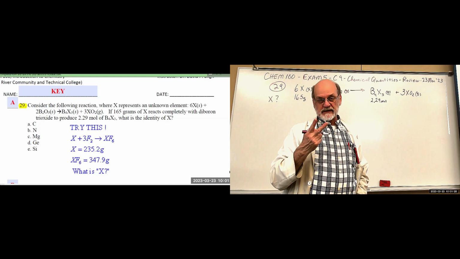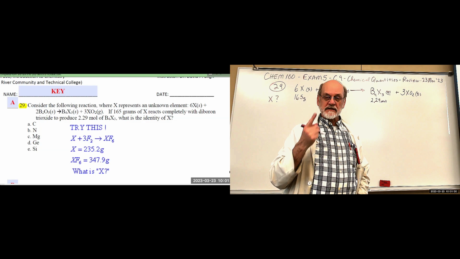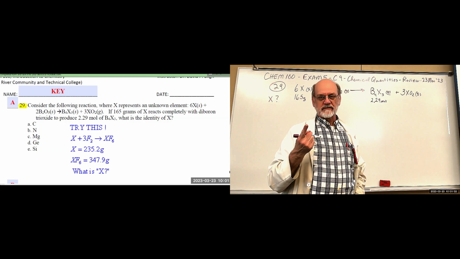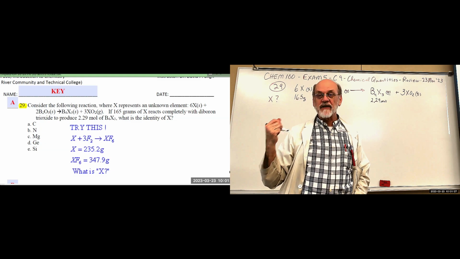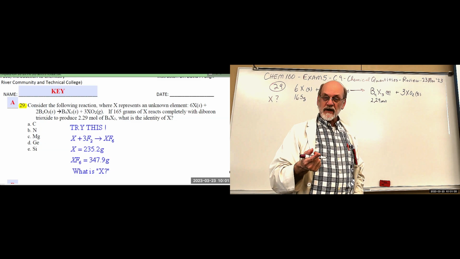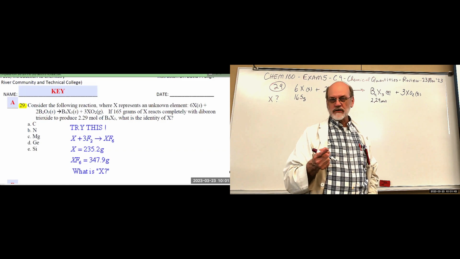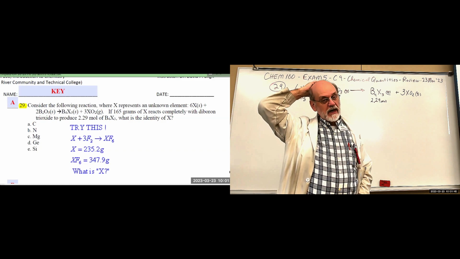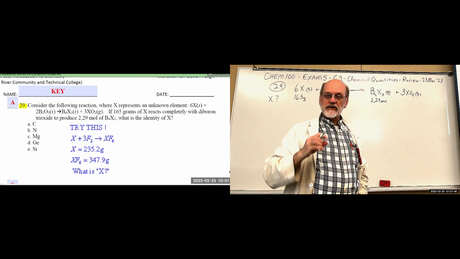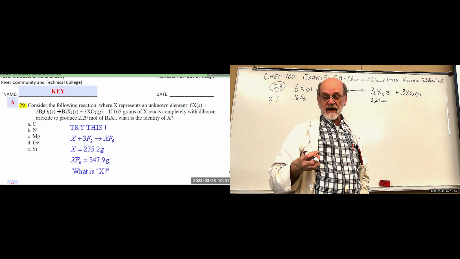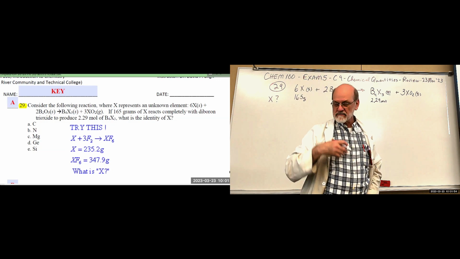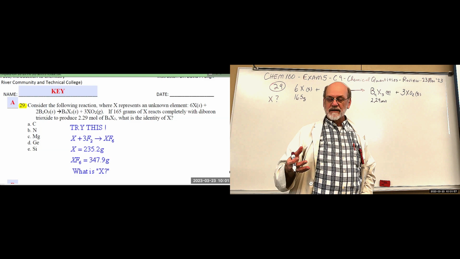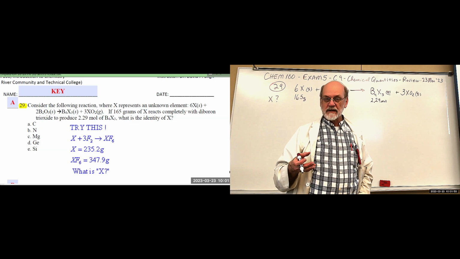What are the clues for finding what an element is? You have two possibilities. One is the atomic number, the number of protons, the Z number. If you know that, you can go to the periodic table and find the atomic number, and that'll tell you the element. But we don't have access to that. There's no way to get it from this problem. Our other option is to determine the molar mass of the element, and that is very often just as unique as the atomic number.